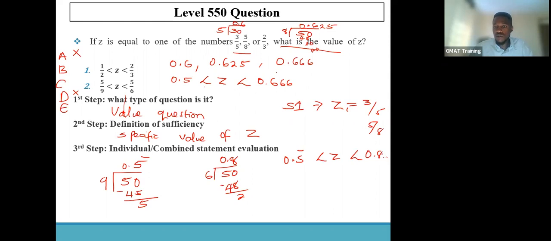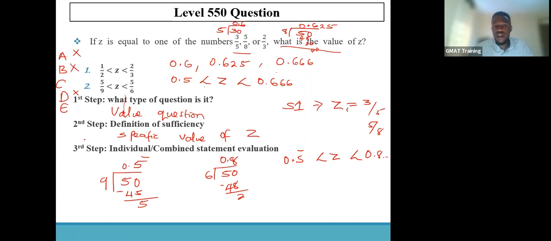Of course, there are other values to this. So this statement 2 is also not sufficient, since all three could be the values of z. And remember that you're looking for a specific value of z. So choice B becomes insufficient.